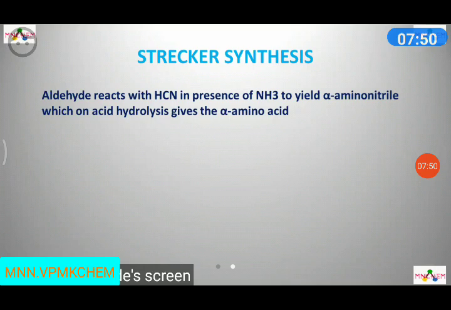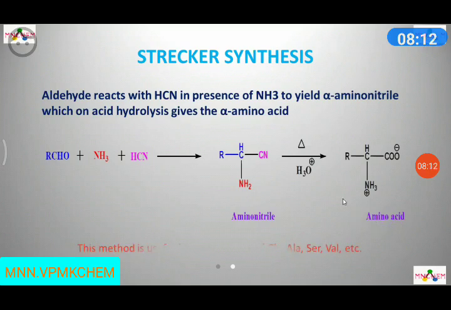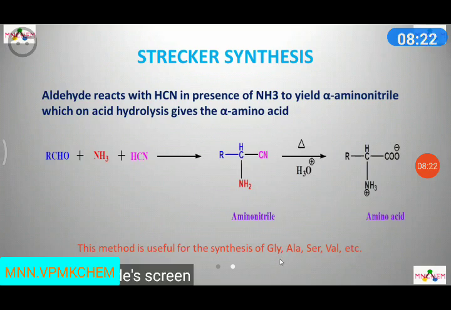The reaction is represented like this: aldehyde, ammonia, and hydrogen cyanide first give alpha amino nitrile, which on acid hydrolysis gives amino acid. This Strecker synthesis is a very useful method for the synthesis of amino acids like glycine, alanine, serine, valine, etc.